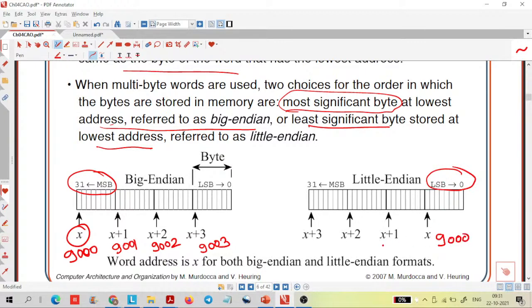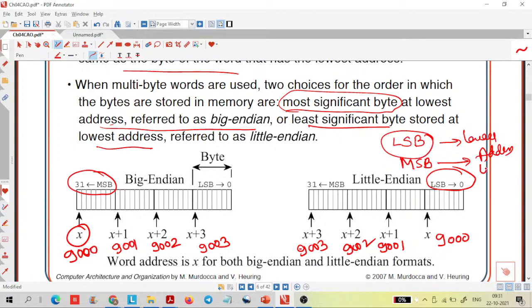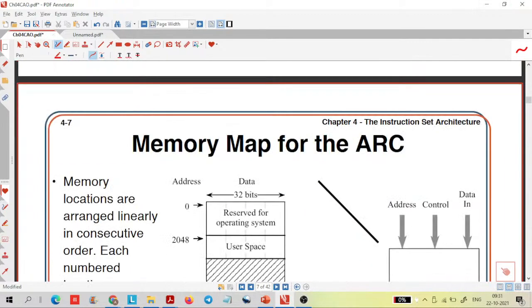So here 9000, 9001. Just keep in mind, the least significant byte LSB stored in the lowest address is called little endian. Most significant byte stored at the lowest address is big endian.